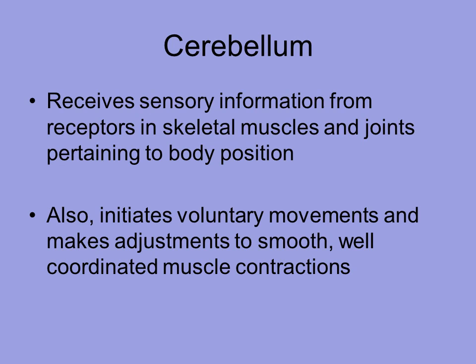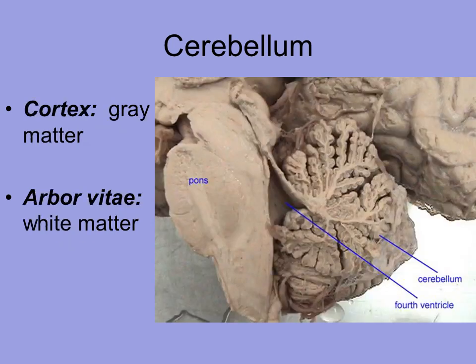Am I slumped over? Am I lying down? So you know the positioning of your body relative to your environment. Part of this is going to involve voluntary movements. Some of it is involuntary movements. And it's kind of helping to coordinate so you have a nice smooth movement when muscles contract.